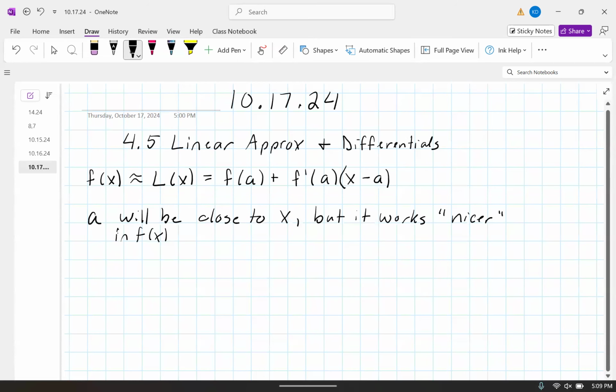Okay, so our A is going to be something very close. We could overshoot it, we can undershoot X, but it's going to work out nicely. So this would be like if we wanted to find the fourth root of 31. I mean, we can throw that in our calculators and find it, but we also know that, hang on.